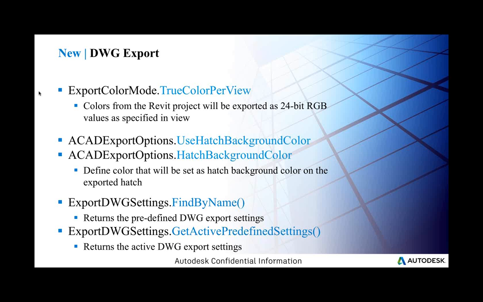We can use the hatch background color or query the hatch background color, defining the color to be set as a hatch background in an exported hatch. The export DWG settings can be queried by their name to redefine predefined settings and to query the active predefined settings.